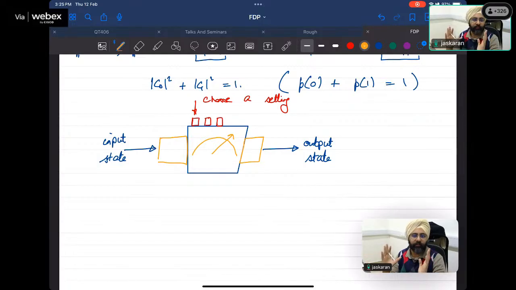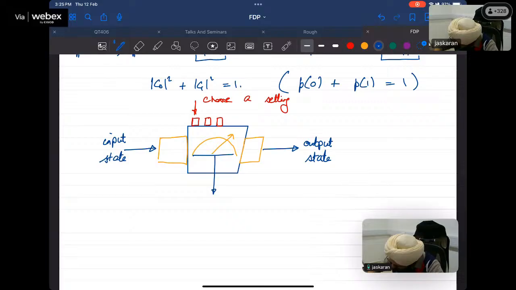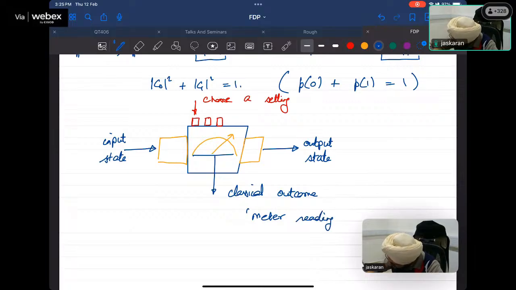That does not matter at this moment. Just that it is a meter reading that we have. So this gives me some classical outcome. This particular thing denotes a classical outcome, and I will sometimes also call it a meter or a meter reading.